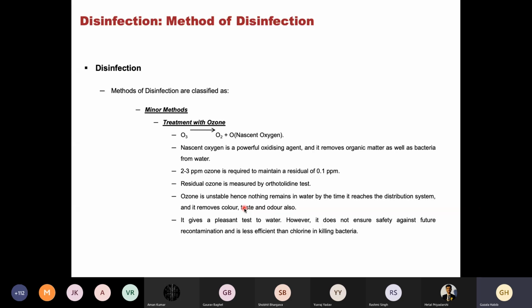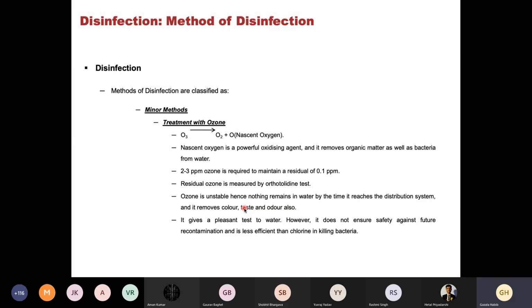Nascent oxygen is a powerful oxidizing agent, and therefore it can kill the bacteria. Killing the bacteria means penetration of these chemicals through the cell wall of the bacteria and making the enzymes which are needed for survival of the bacteria inactive.